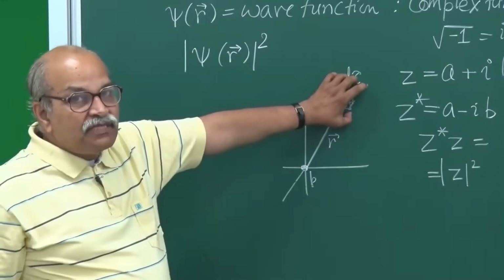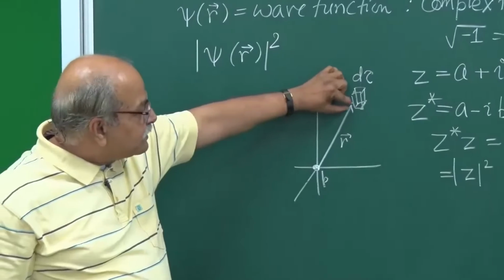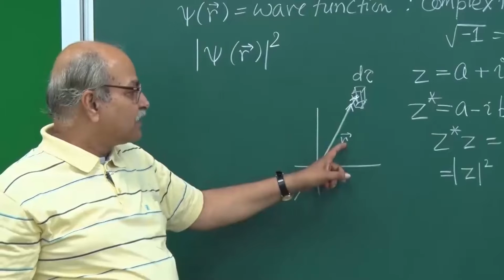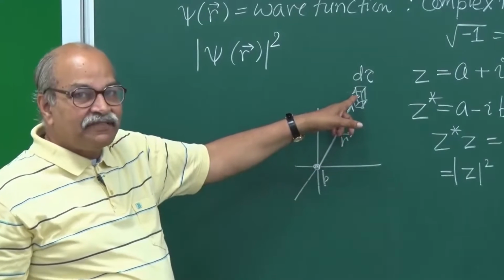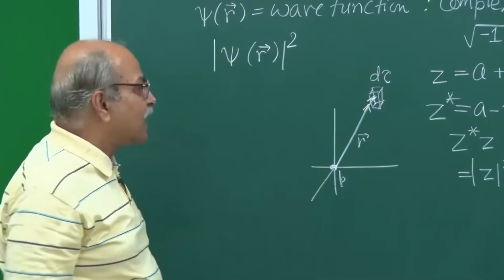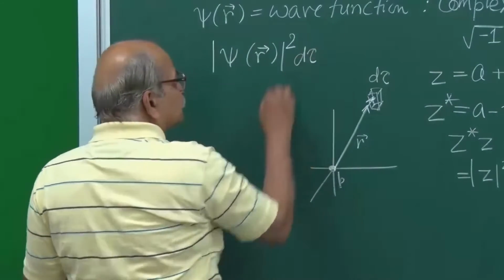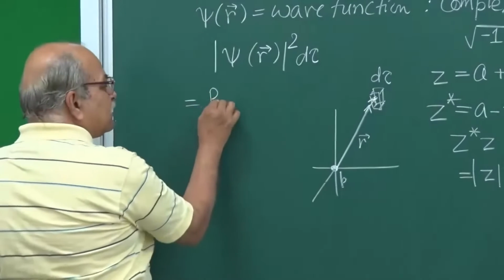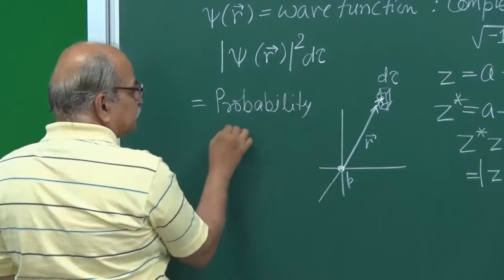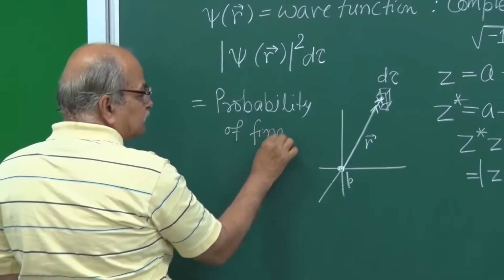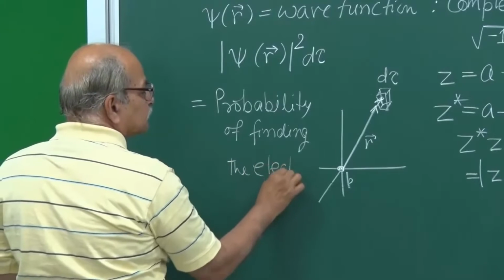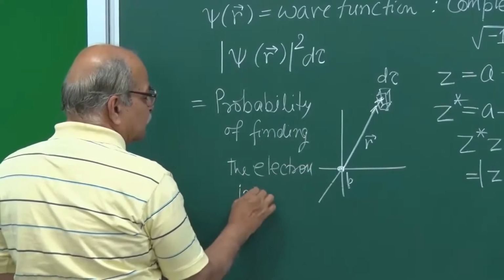So you have a small volume d tau constructed at this point, and that point has position vector r. There is some value of this wave function here, that is psi(r), and make this mod psi(r) square multiplied by this d tau. This gives me the probability of finding the electron in this d tau.